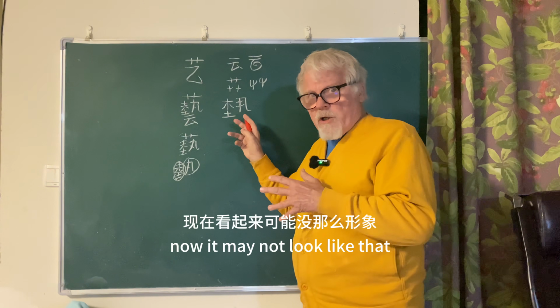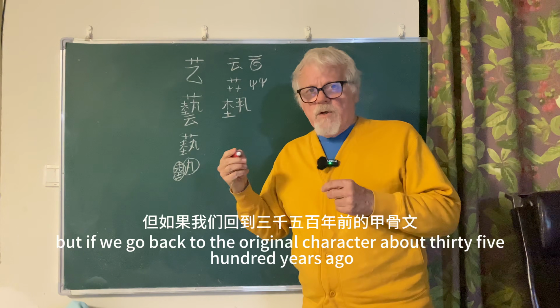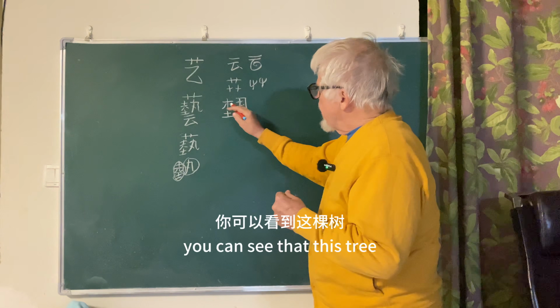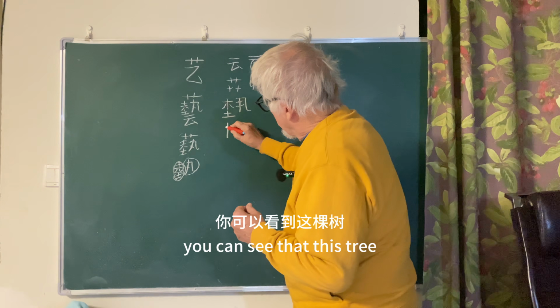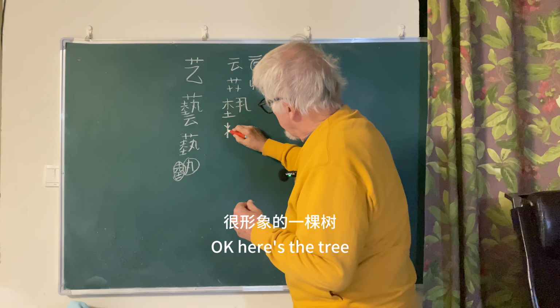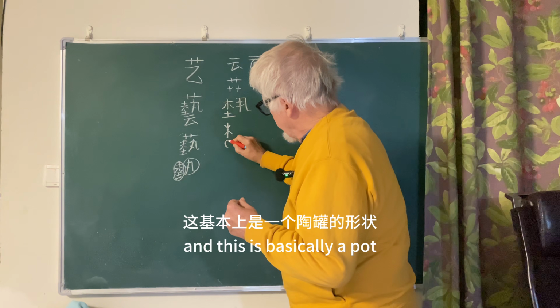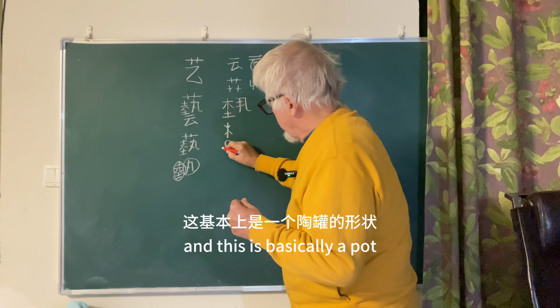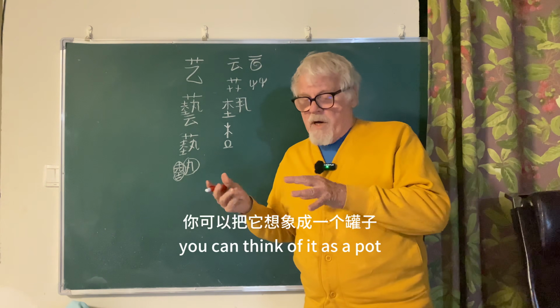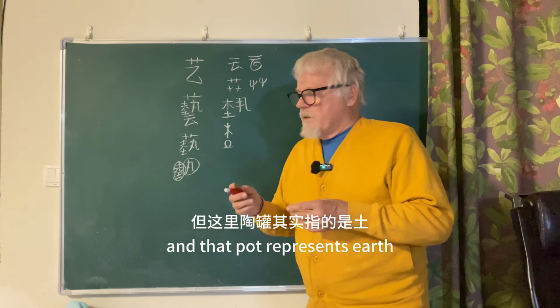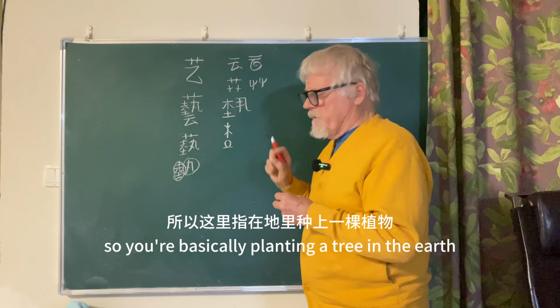Now, it may not look like that, but if we go back to the original character about 3,500 years ago, you can see the tree. These are the branches, these are the roots. And this is basically a pot, where you can plant something in it, and that pot represents earth. So you're basically planting a tree in the earth.